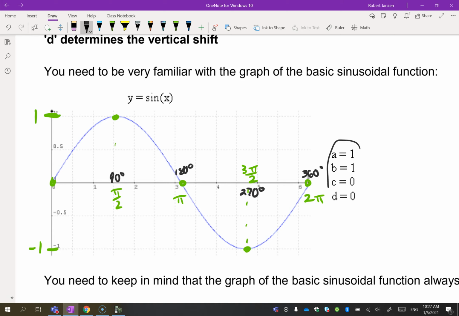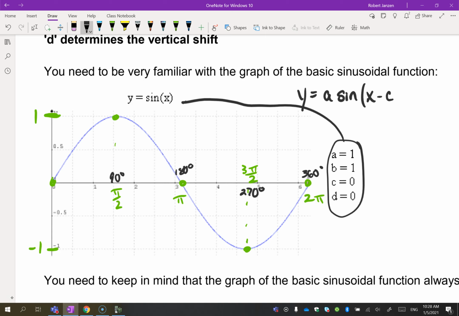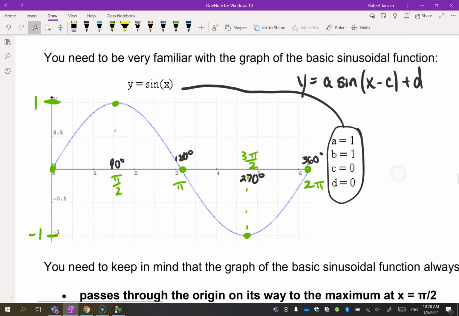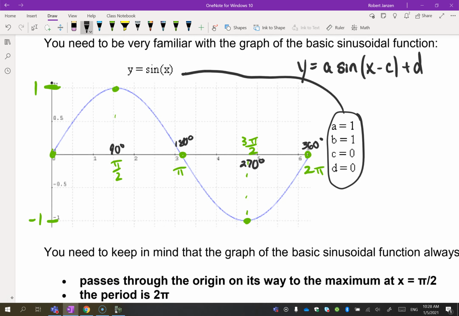Notice also that this is the sine graph. Remember, I told you I would expect you to write out the equation like this. Okay, that was right up here. If you look at this, A is 1, B is 1, C is 0, D is 0.